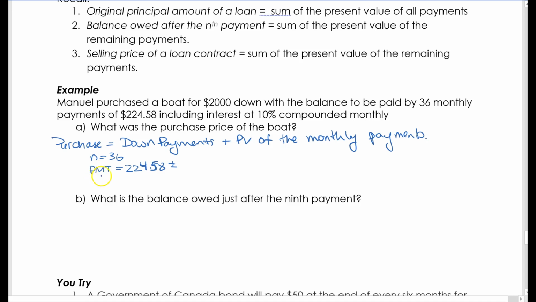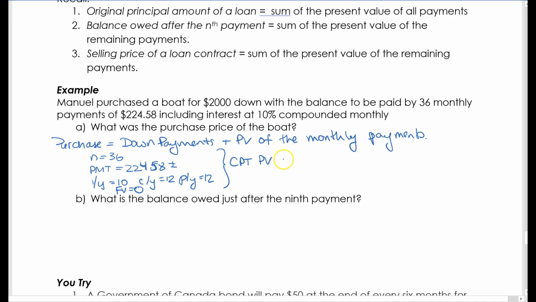Interest is 10% compounded monthly, and the payments are made monthly. So when you compute the present value, enter that information in and compute PV. Don't forget future value is 0 because you're paying it off.